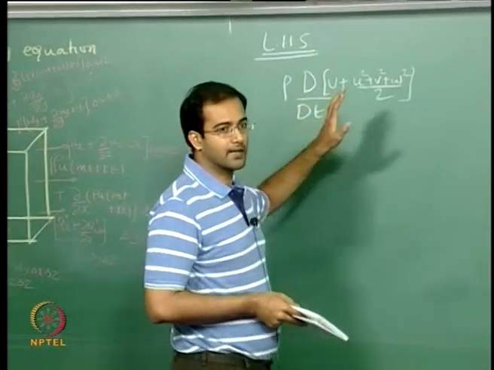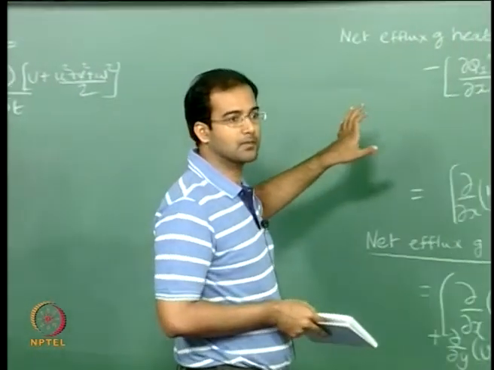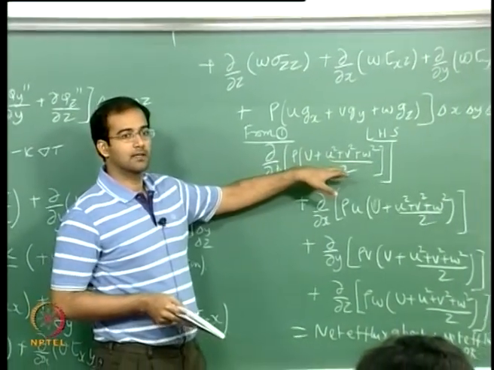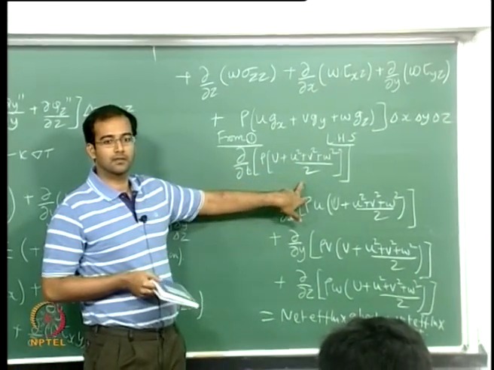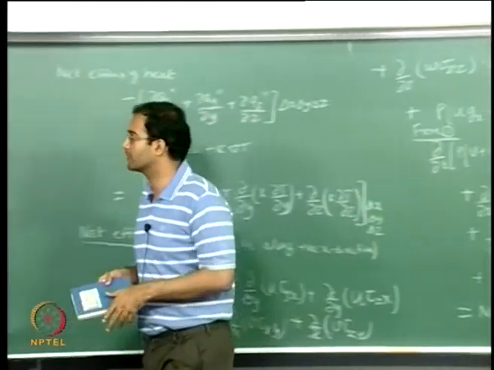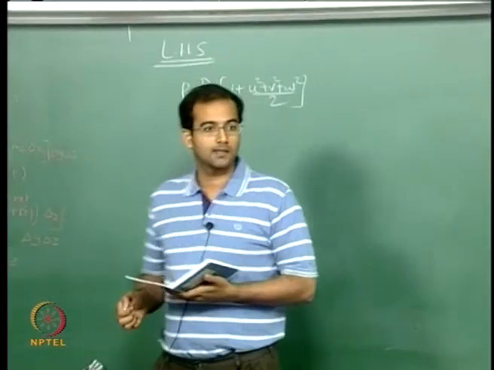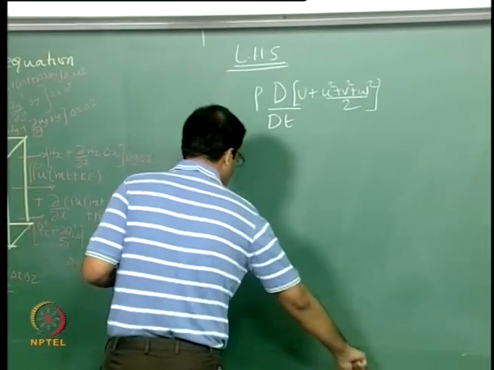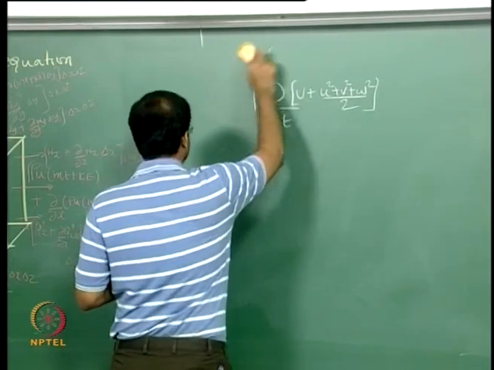I am not making any assumption here, not an incompressible assumption, but you can see that if you expand this, the compressible form of continuity itself is satisfied. So I can write this as rho into the total derivative of the internal and kinetic energies. So the LHS is simplified, and now I can equate that to the other terms.